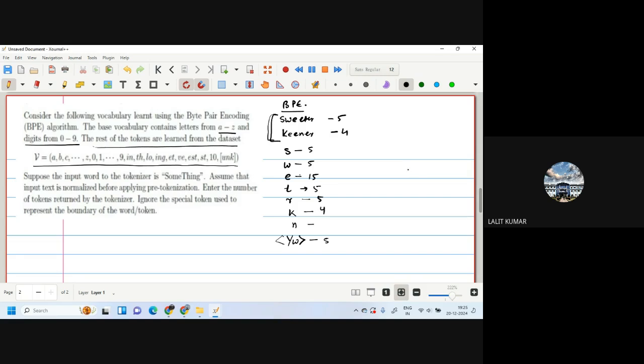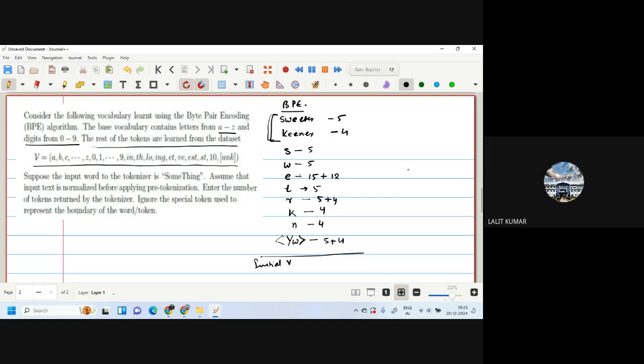Now this E will come here, 4 into 3, 12, and N is 4 times, and R will become 5 plus 4, and this will become 4.